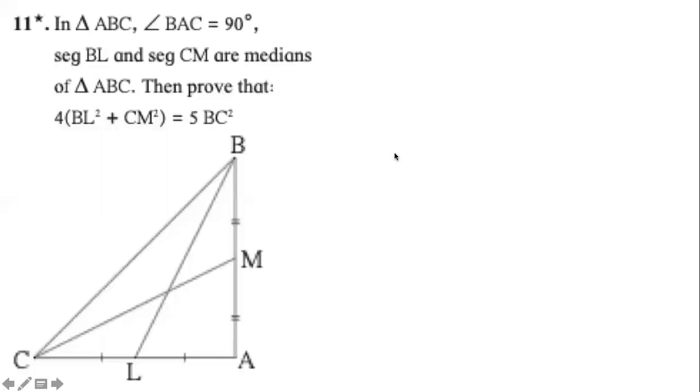In this question, we have a big triangle ABC, which is a right angle triangle, and the right angle is the angle A, angle BAC. It is very clearly given in the question.